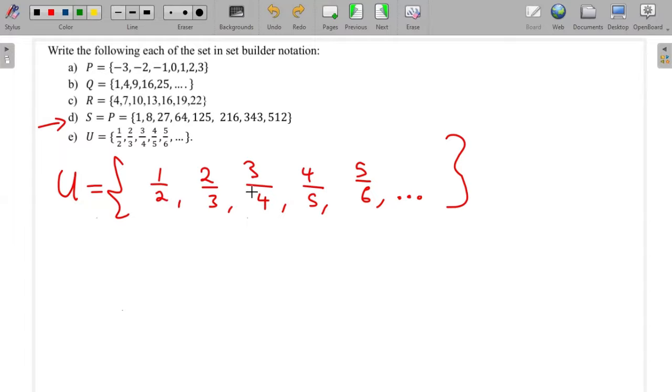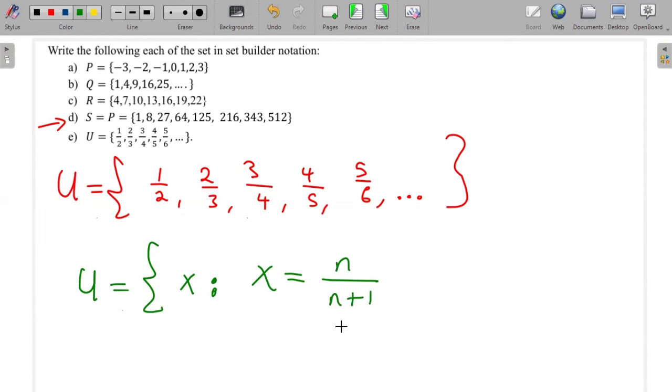So to represent this set in set builder notation, I'm just going to say U is equal to the set of all x such that x is equal to n over, we said the denominator increases by 1, so it will be n plus 1, comma, n should be a natural number.